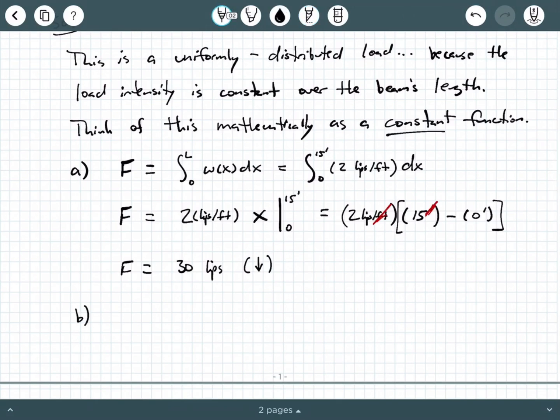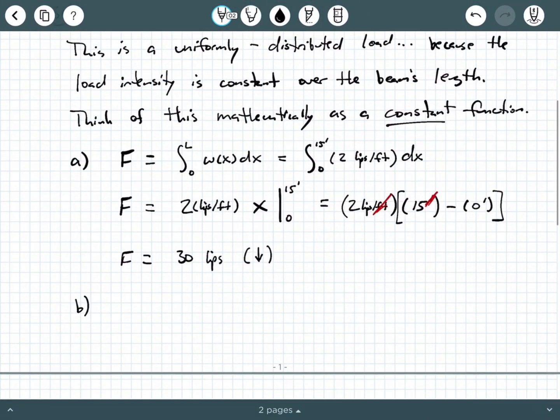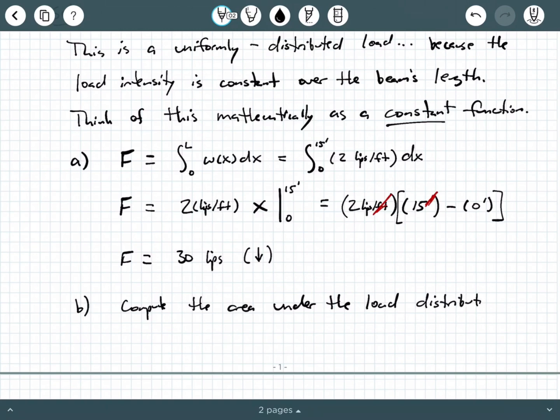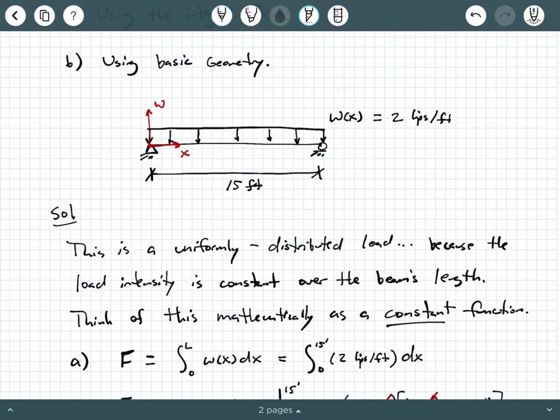Now, part B said do this same thing, but using the geometric form. So what do you think I mean by that? When I say using geometric methodology, I mean just compute the area under the load distribution. Well, what is the area beneath the load distribution? It's just a rectangle.